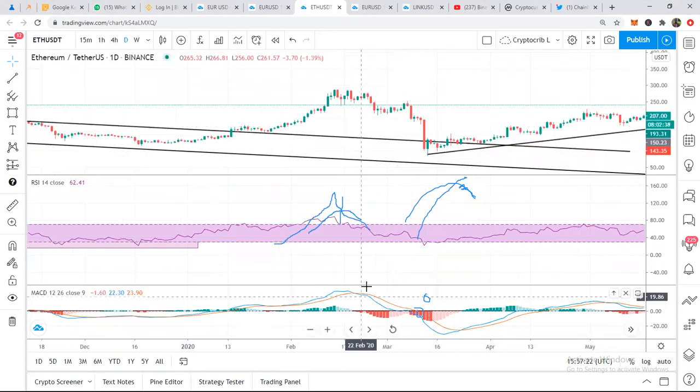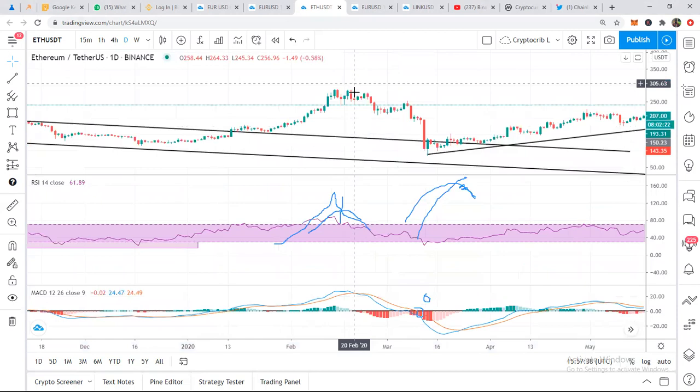All right, so these are the corresponding parts. Look at these parts. Let's look at where this blue line intersects this orange line downwards. It is this part of the chart here. And look at it, it started going down, right?